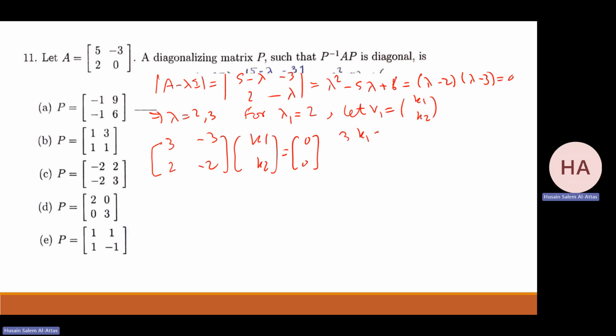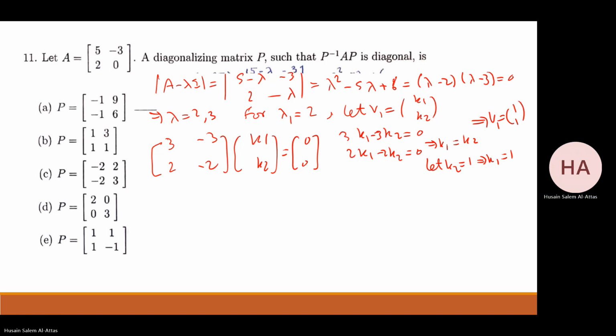So I have 3K1 minus 3K2 equals 0 and 2K1 minus 2K2 equals 0. So for sure I have K1 equal K2. Let K2 equal 1. I'm getting K1 equal 1. So my V is 1, 1, or any scalar multiple of this. Okay. Now let me do the other one. For lambda equal 3, I let V2 to be K1, K2.